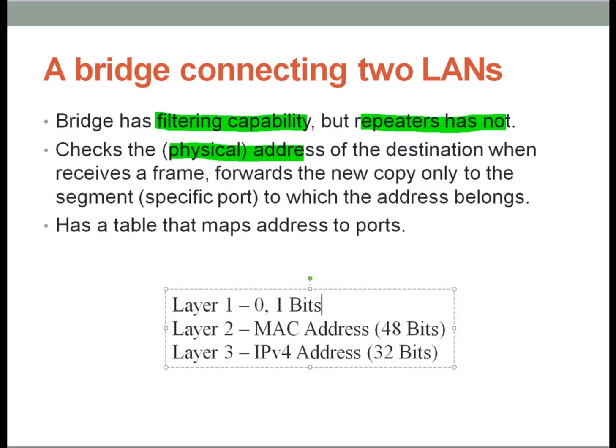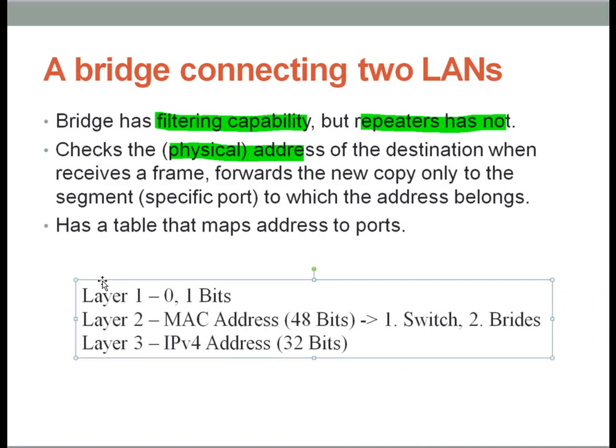Now, in layer 2, we have 2 devices we are going to use. The first device is the switches. Then the second device is the bridges. So switches and bridges.